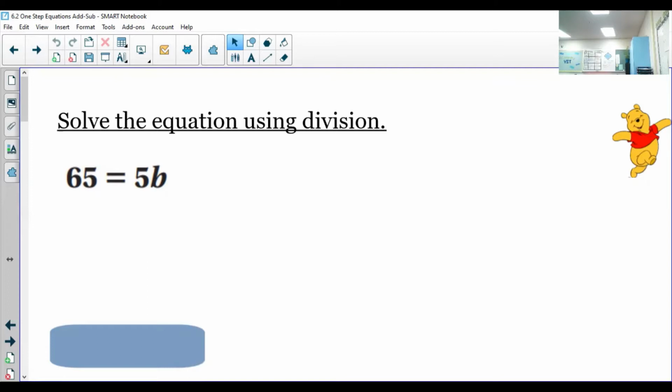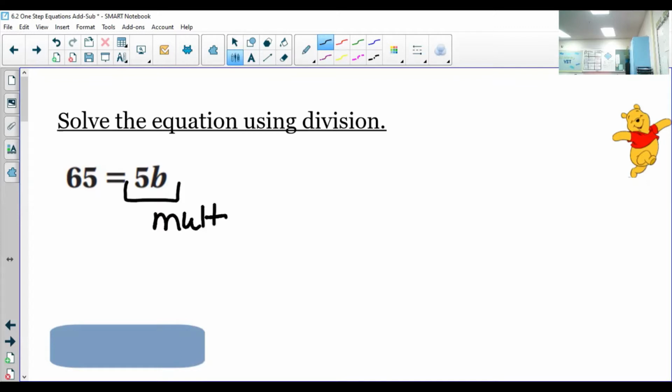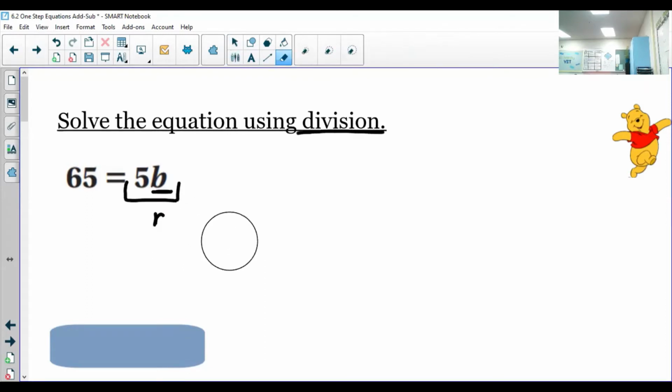So these two numbers right next to each other, the 5 and the b, what does that tell us to do? Two numbers right next to each other tell us to multiply, right? So if I need to multiply 5 times a number to get 65, well, how would I figure that out? What's the opposite of multiply? Divide. So we're just going to do the opposite of whatever it says.